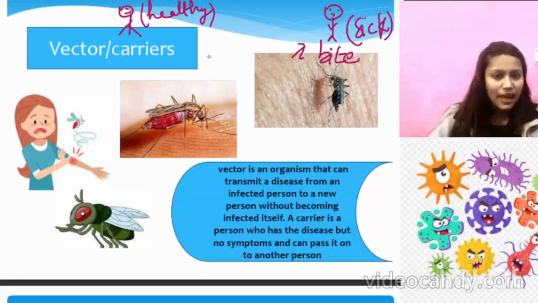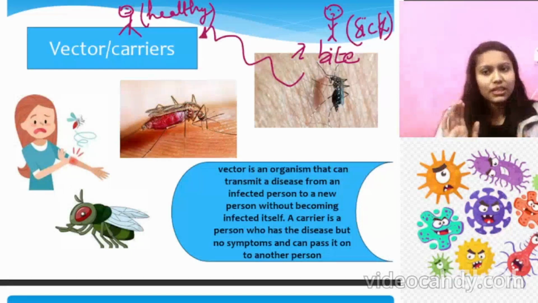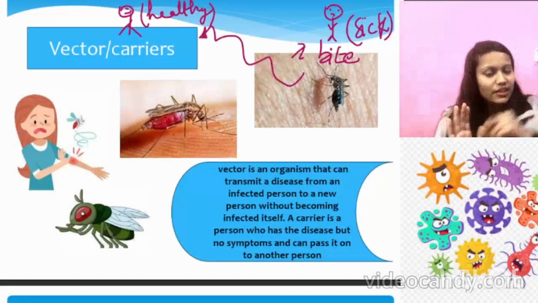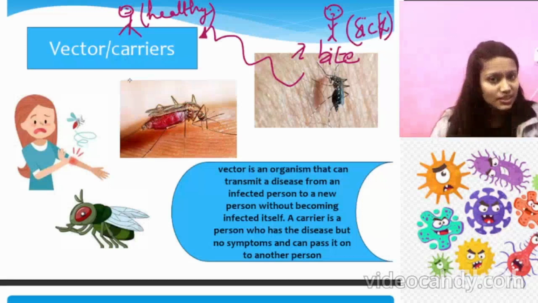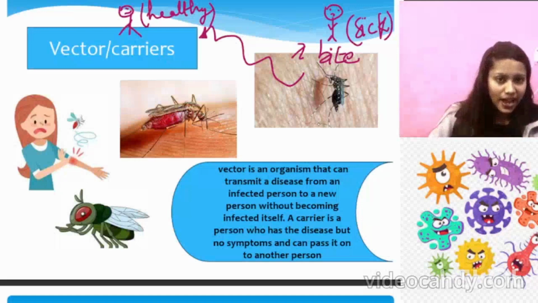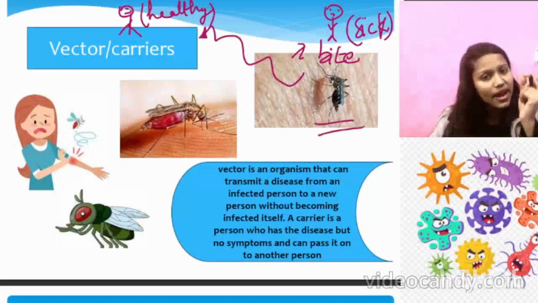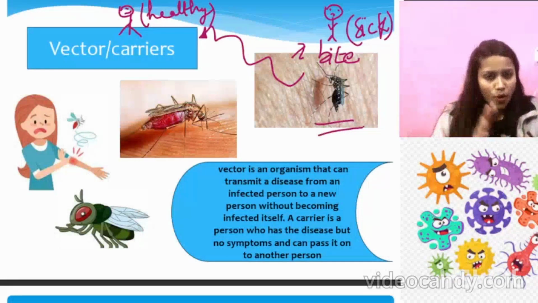Then when this mosquito again goes to this healthy person, it will suck the blood and transfer that pathogen into the body of this healthy person. So in this whole scenario, this mosquito is acting as a carrier, and the more technical term is a vector, because it is carrying the pathogen from the body of a sick person.